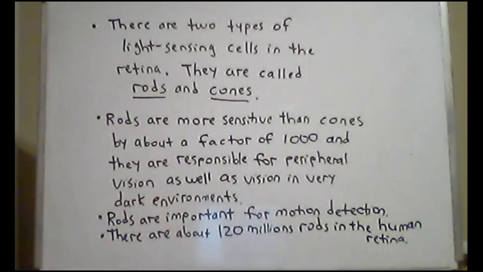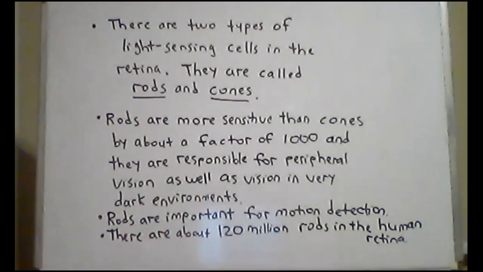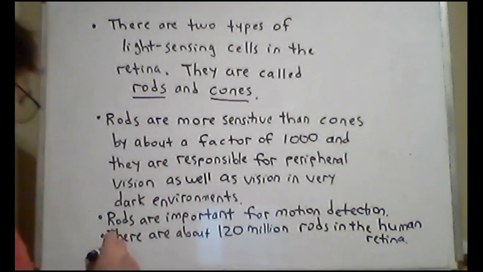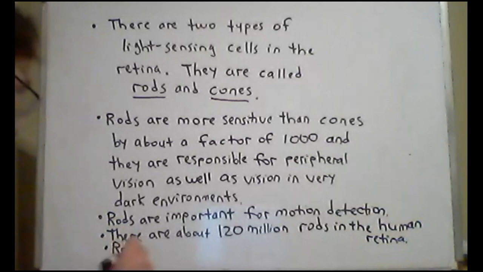So there are also about 120 million rods in the human retina. Now rods do not yield color vision.